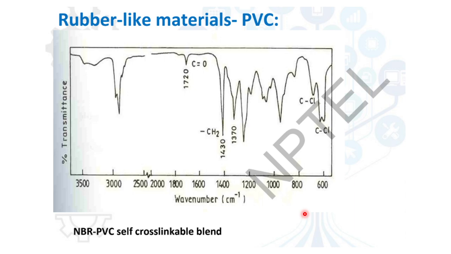For example, if there is an aldehyde CHO, and I am substituting the hydrogen with chlorine, how will the C double bond O peak change? Say you have a sample with the functional group aldehyde, let's say acetaldehyde CH3CHO.